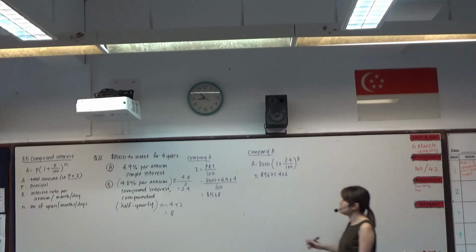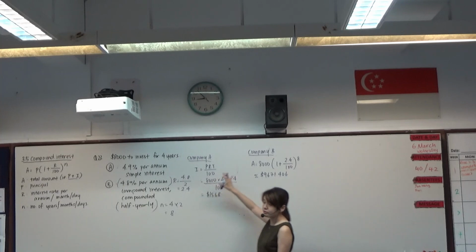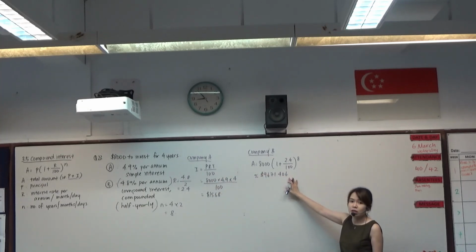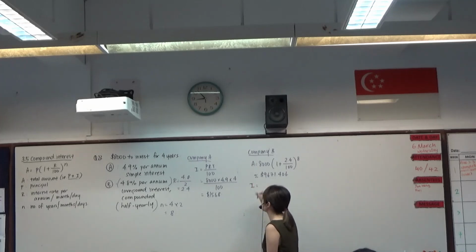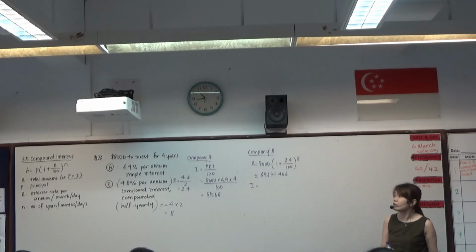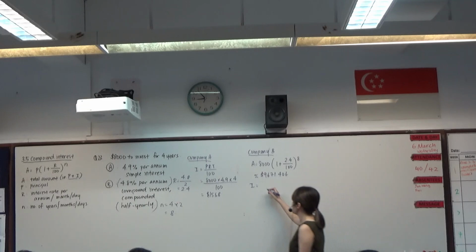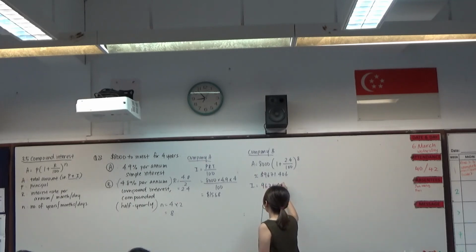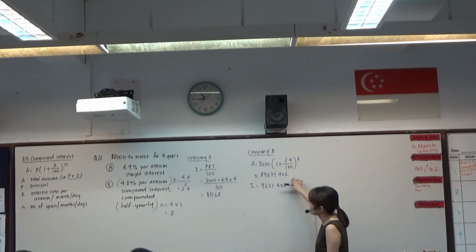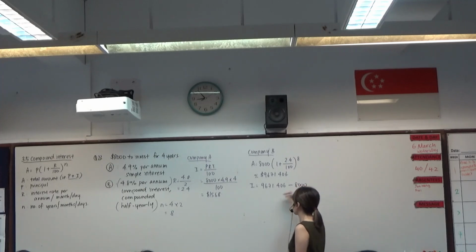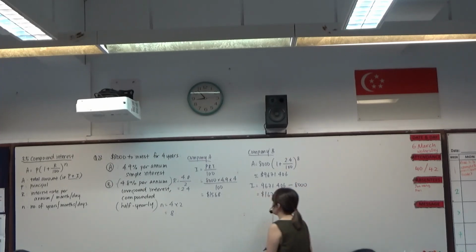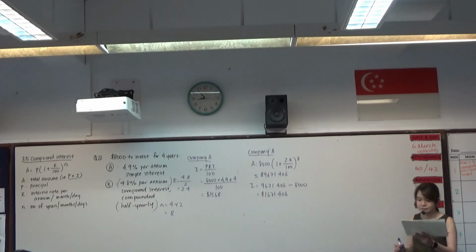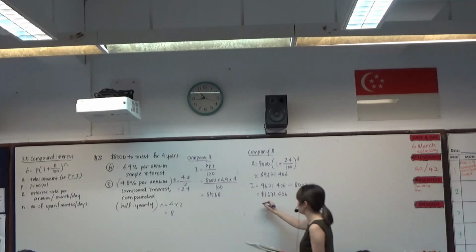We cannot compare interest with the total amount. You need to make sure that there are the same quantities to compare. So go and find out what is the interest if you were to invest in company B. That would be to take the total amount minus away 8,000. You may round this off to the nearest cent.